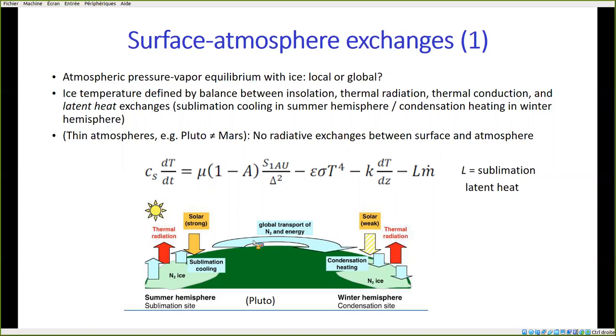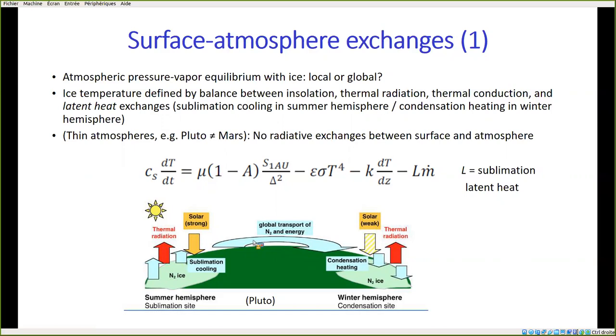So if you consider a planet covered by frost, the ice temperature and its time evolution is defined by the balance between insolation, thermal radiation from the surface, thermal conduction, and latent heat exchanges. Here, L is the sublimation latent heat, and m dot is the mass sublimation flux.